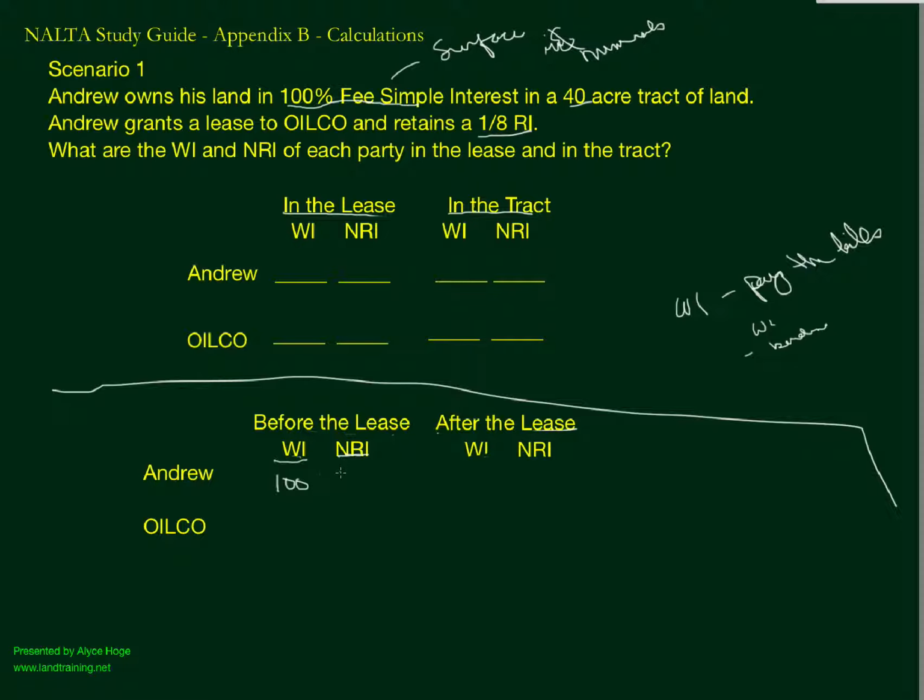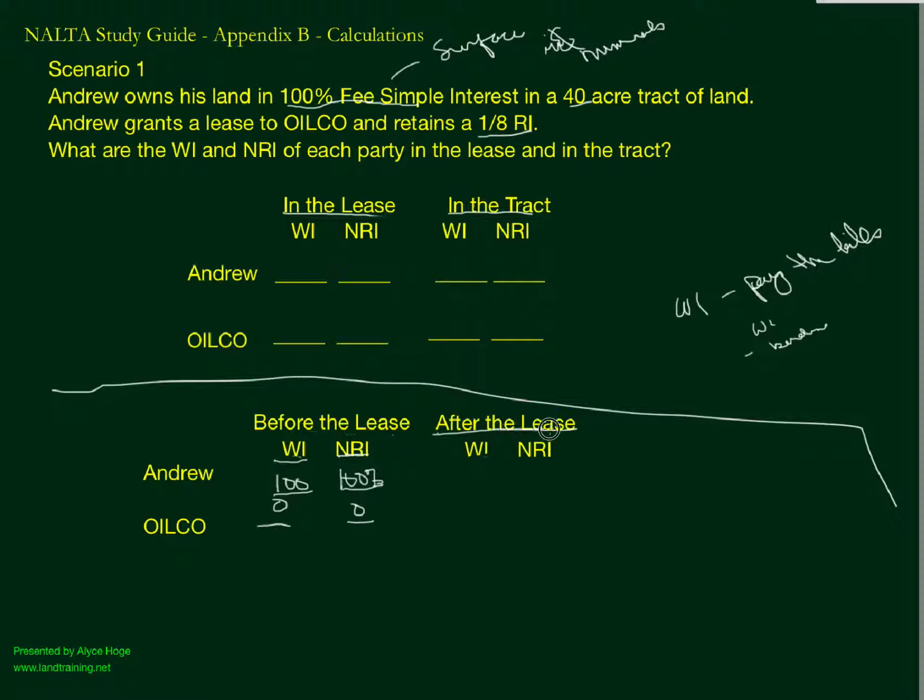So before the lease, he owns 100% of the net revenue interest and 100% of the working interest. Oil Co. doesn't own anything until there's a lease. So Oil Co.'s working interest before the lease is 0, and its net revenue interest is 0.